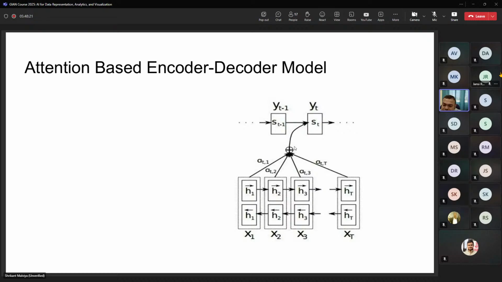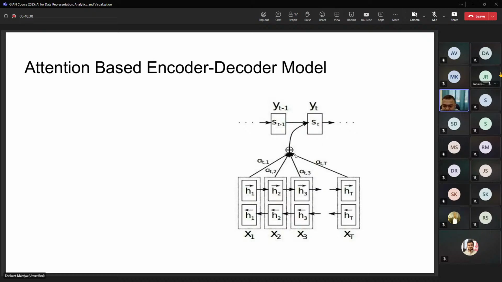That unified representation will now be used with the previous output to generate the current output in the sequence. So this is how it will be generating the entire output sequence.